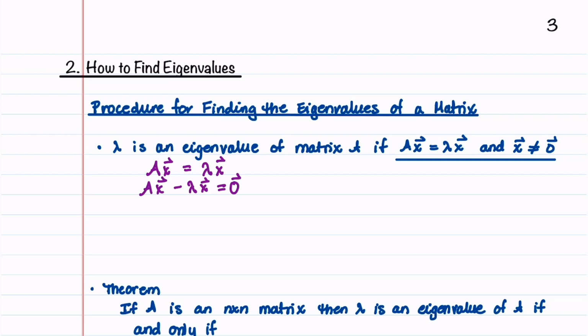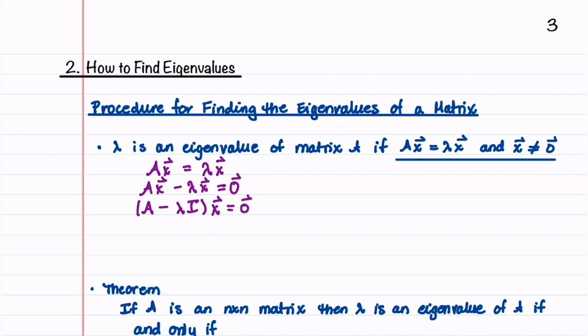We'll then pull out our A and our lambda. So this is A minus, now we can't just pull out a scalar because we have a matrix on our left. So we're going to pull out lambda times I times our vector x is equal to 0.